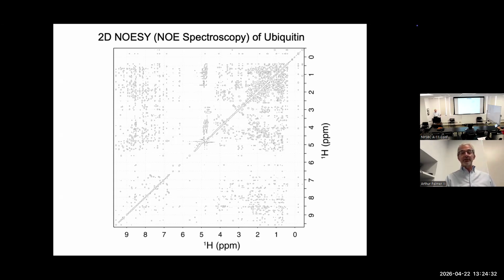Because again, as I said, it could be tricky if you start mixing up the long range NOEs with the NOEs that are giving you sequential connections, the whole process goes bad.